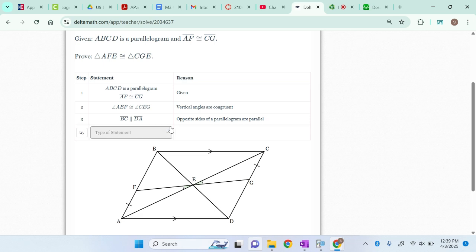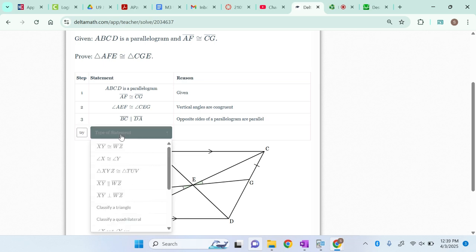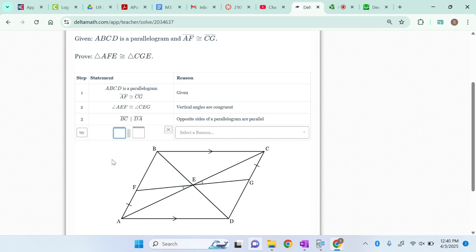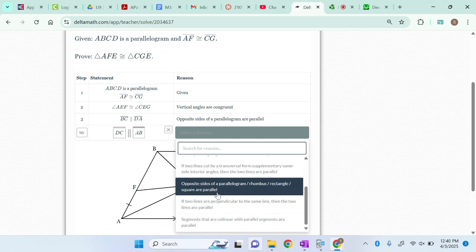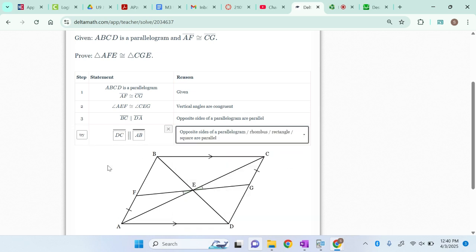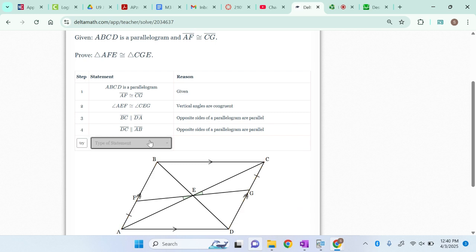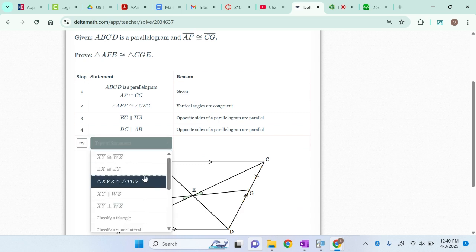Do we also got to say that? Okay. So also say that DC is parallel to AB. DC is parallel to AB. And again, opposite sides of a parallelogram are parallel. Now we can say that those two angles.